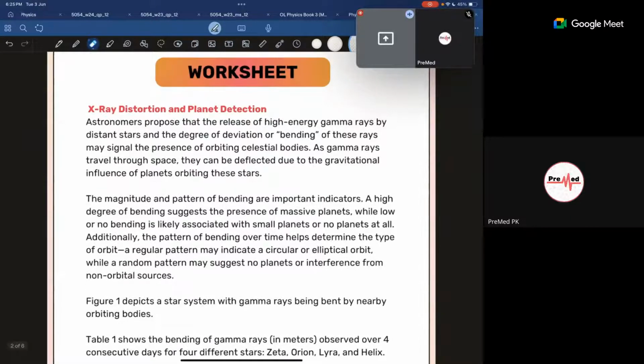Okay, so the first passage is based on X ray distortion and planet detection.